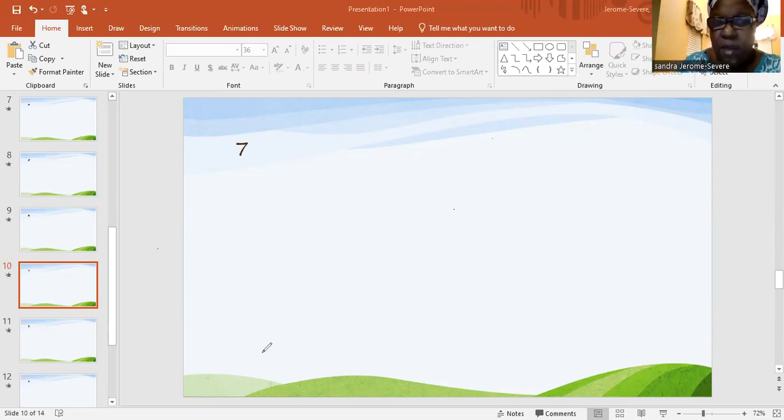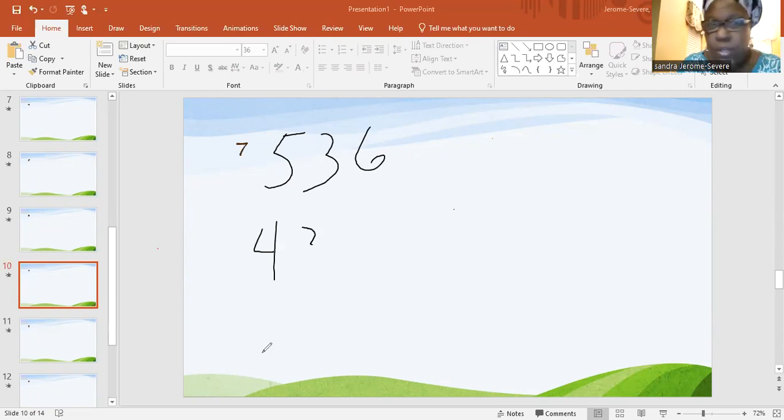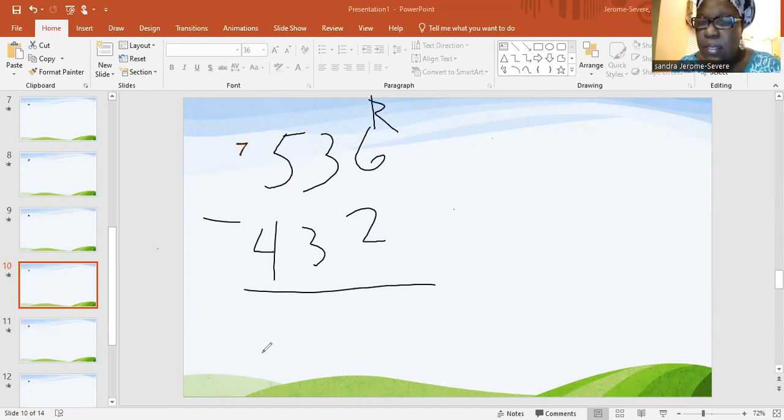Okay, so let's do another one. This one is 536 minus 432. Take away. We start on the right. Write it in your paper, please. All right, so I'm going to give you 2 minutes to do this one. So 6 take away 2. Write it on your paper.